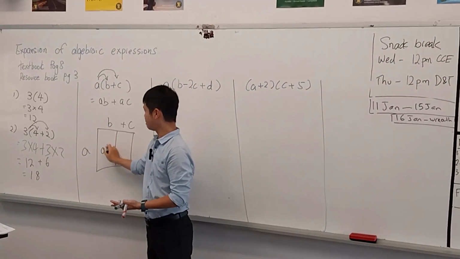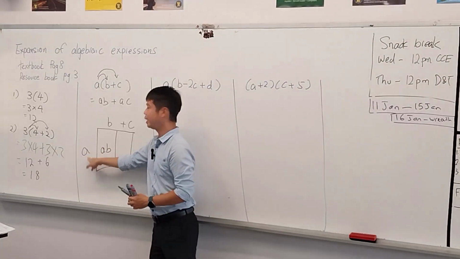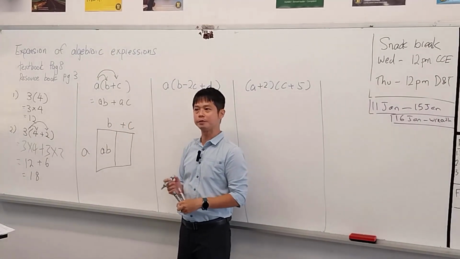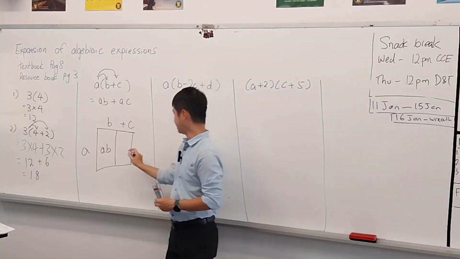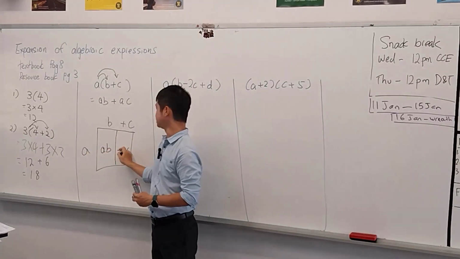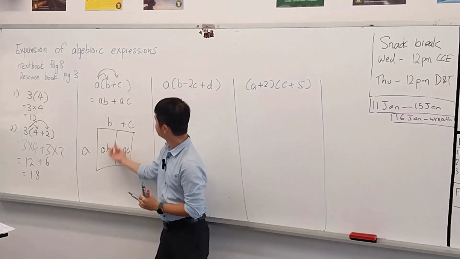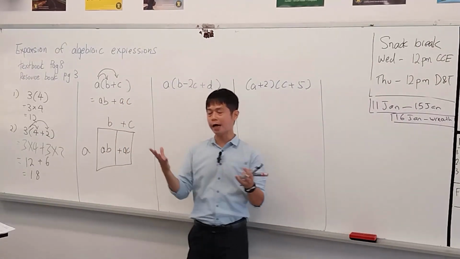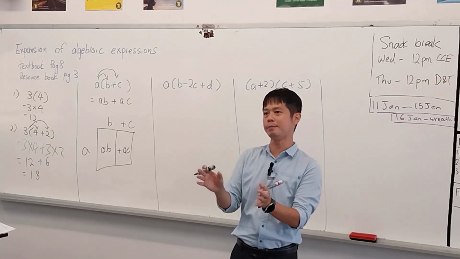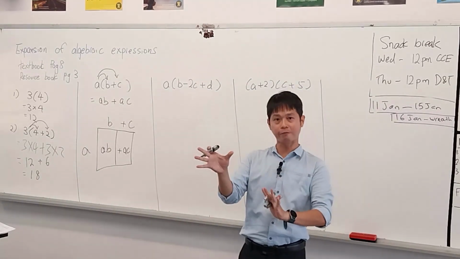We will get AB. Now, down here we are multiplying A with positive C, we will get AC. But because it is a positive times a positive, this is a plus sign. Can you see that it's actually the same answer? So the idea of expansion is the same as finding the areas, just like length times breadth.